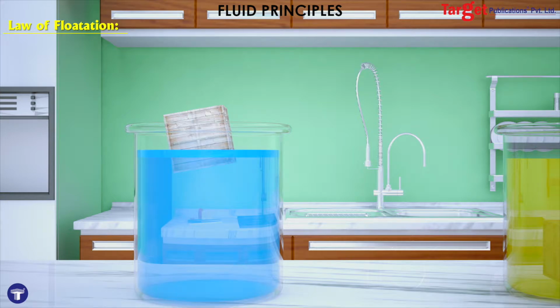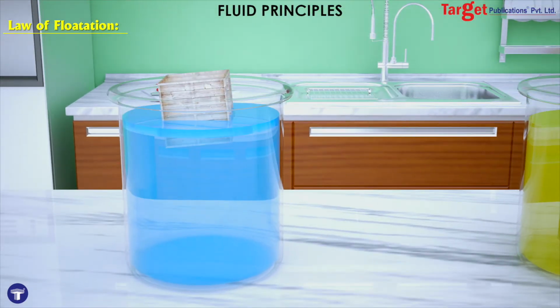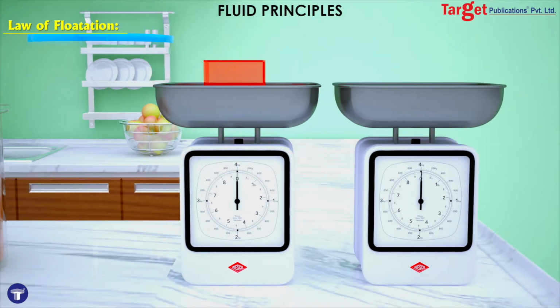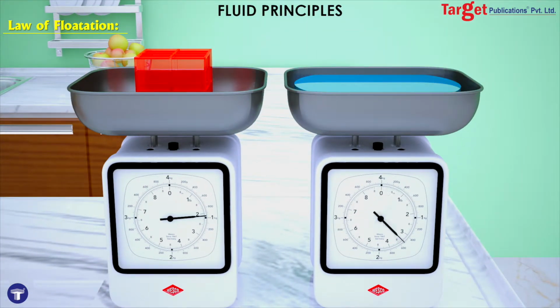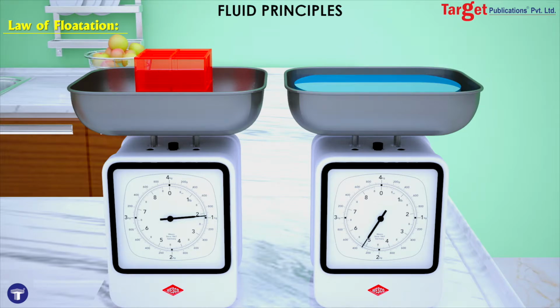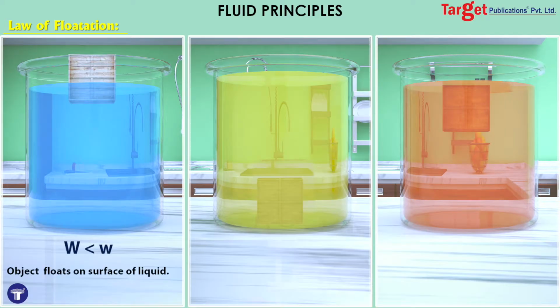I now measure the weight of the block in comparison to the weight of the liquid displaced by this block, and I find that in this case, the liquid displaced is greater in weight than the weight of the block. And therefore, this tells me that if the liquid displaced is greater in weight than the weight of the object, then the object will float above the surface of the liquid.